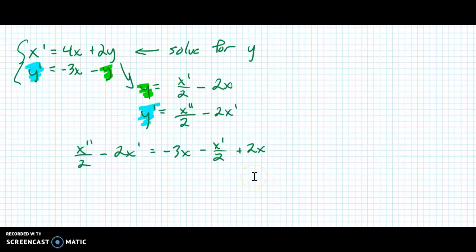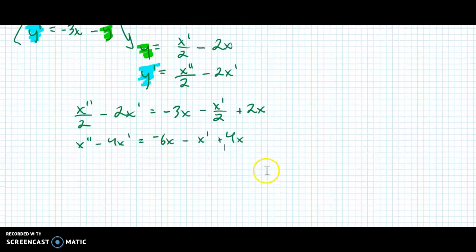So first thing I look at here is the fractions. I don't like them, so I'm going to get rid of them. I'm going to double everything. What's that give me? x double prime minus 4x prime equals negative 6x minus x prime plus, not 2x, plus 4x.